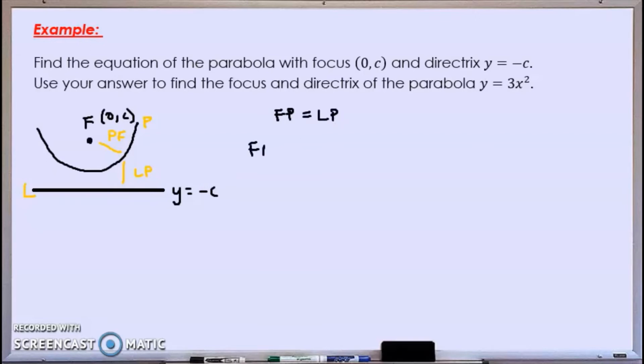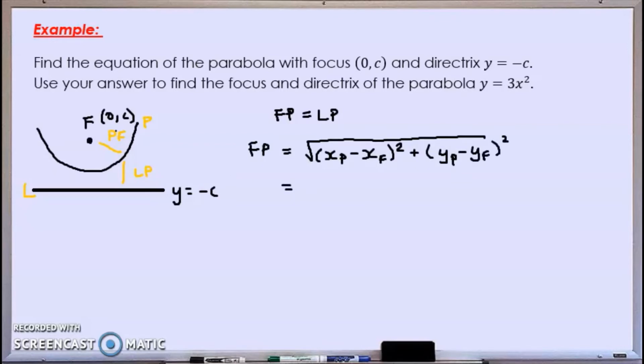So ultimately we're setting up our distance formula where we say FP will equal LP. Now, FP, we're going to be using, again, the distance formula, and we know that's the difference between our x coordinates, so our x for our collection of points, our loci, minus our x at the focus squared, plus the corresponding y points as well. And in this case, we know the coordinates of the focus are (0, c).